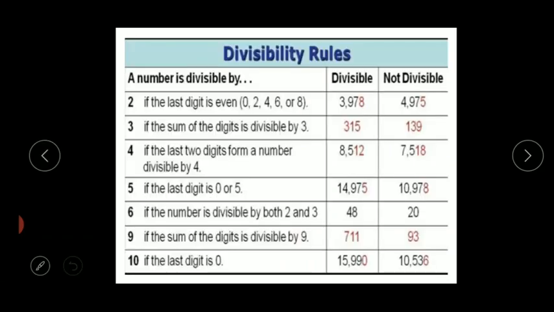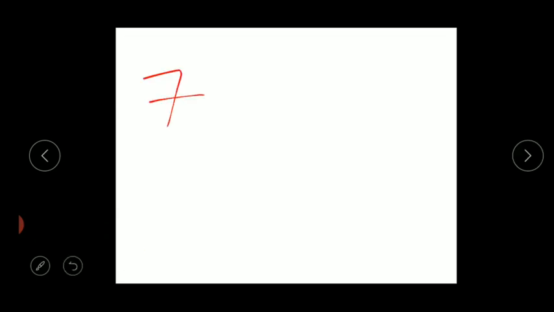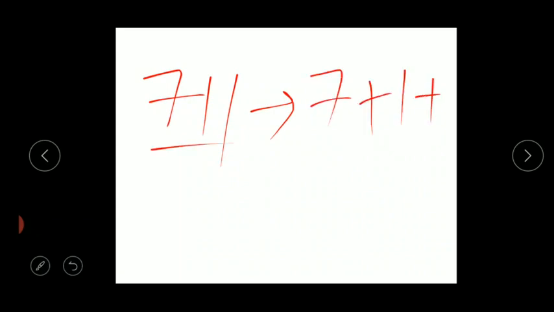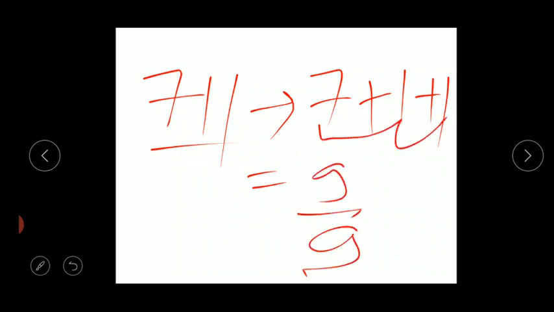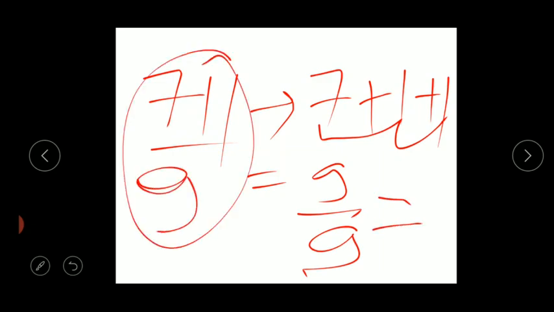Similarly, in the case of 9 also, we have to do the sum. Suppose 711, then you have to add the digits of the given number first. 7 plus 1 plus 1 is 9.